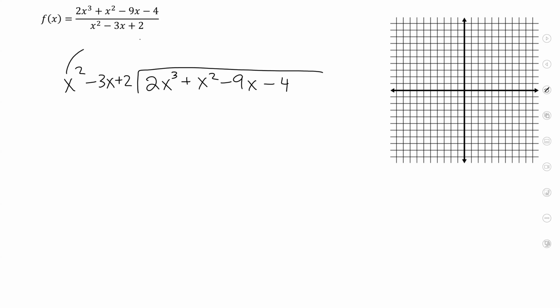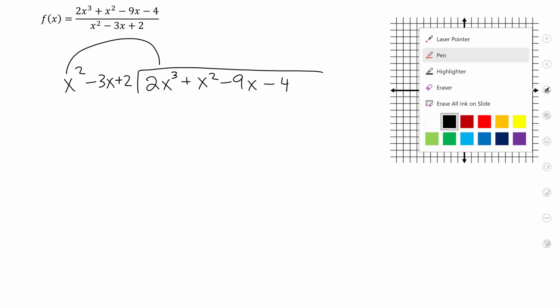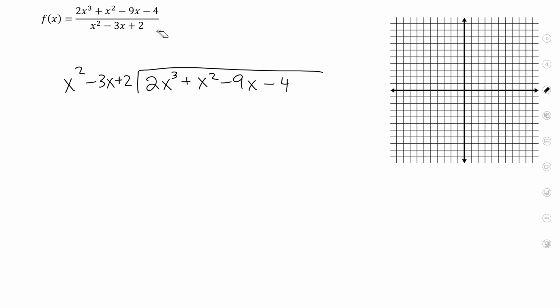X squared times what will give you 2x cubed? Yep, 2x. Now we multiply. This times this is 2x cubed. -3 times 2 is -6, and those two x's are x squared. 2 times 2 is 4 with an x.